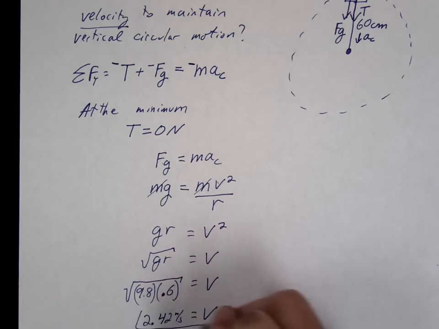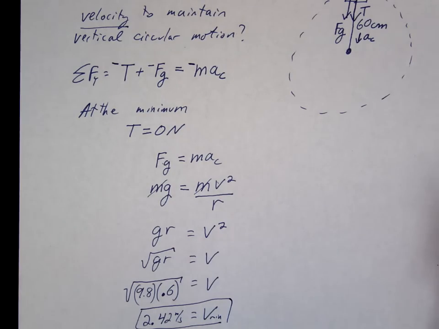So again, that's the minimum. That's our V minimum. If we go faster, we're good. If we go slower, then it falls. And as you go faster, what's going to change? The tension is going to change. The faster you go, the greater the tension will be.